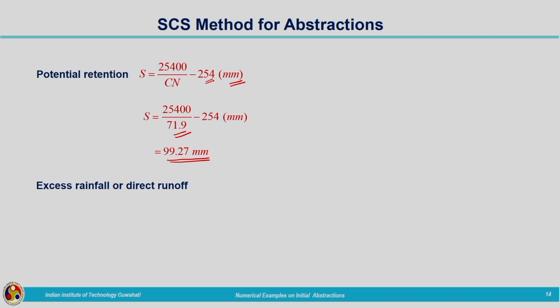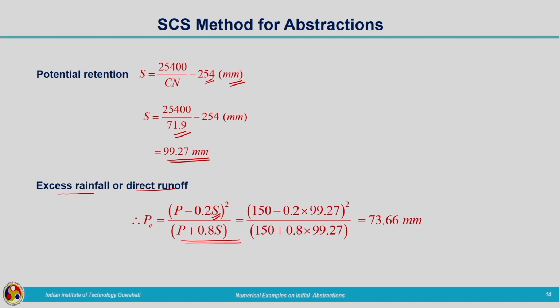Now you can calculate the excess rainfall or the direct runoff using the formula given by the SCS curve number technique. This is the formula for calculating excess rainfall or direct runoff. We have seen in the previous lecture how we reached this particular form of the equation. Here we just have to substitute the value of potential retention S. Once we substitute, we can calculate the excess rainfall, which is equivalent to direct runoff, as 73.66 millimeters.